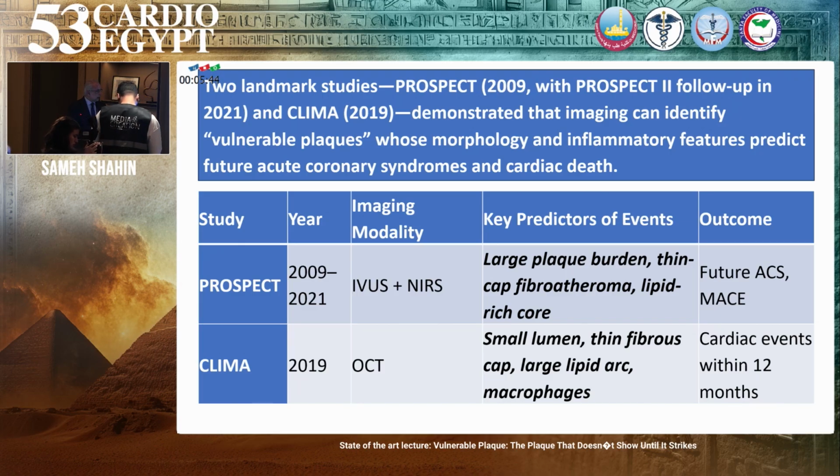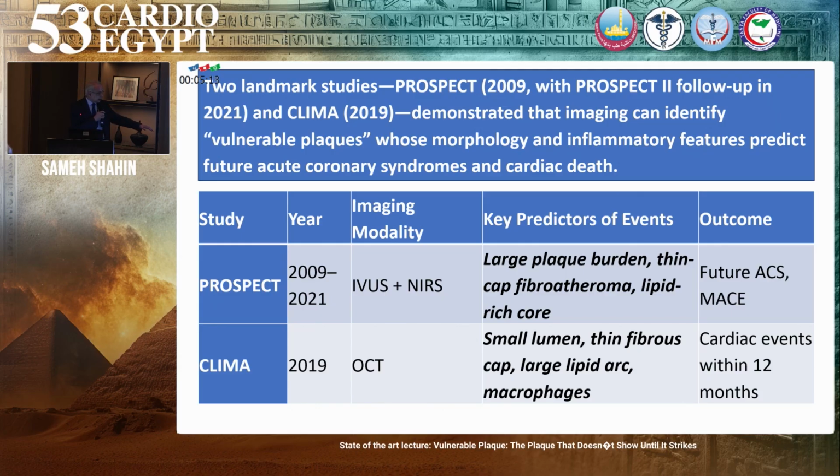The PROSPECT trial used the IVUS and the near-infrared spectroscopy, and they used criteria like the large plaque burden, the thin cap fibroatheroma, and the lipid-rich core, and they proved that patients with such criteria, compared to patients without such criteria, have worse prognosis in terms of future acute coronary syndrome and MACE, following the patients over 4 to 5 years. So this was the first trial.